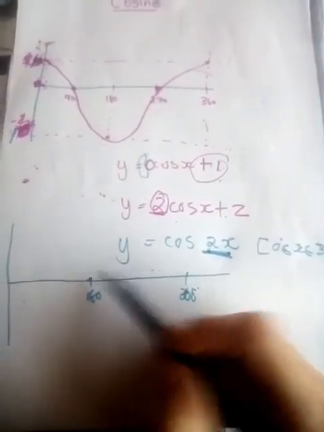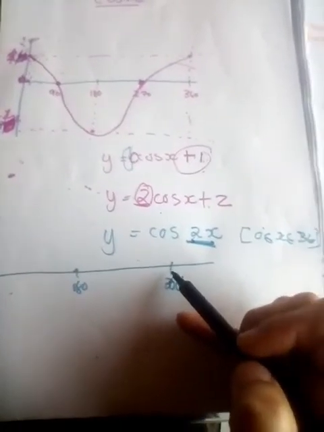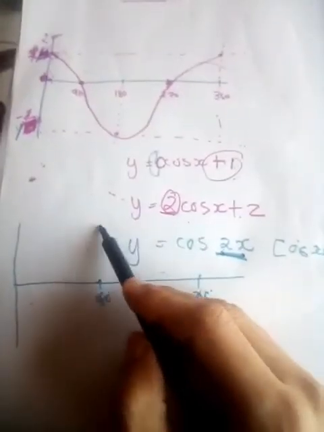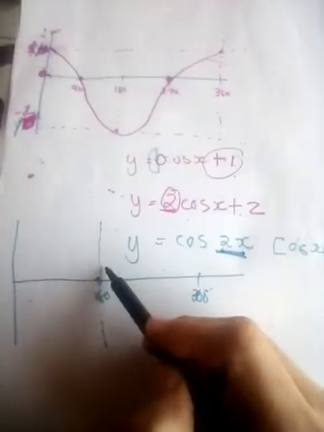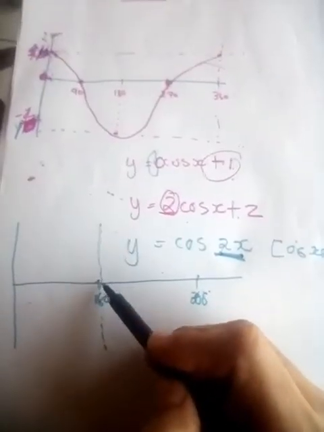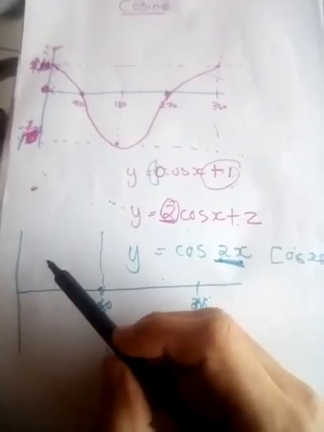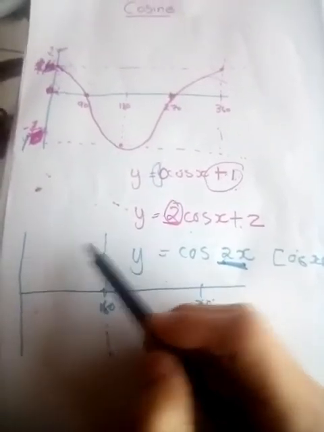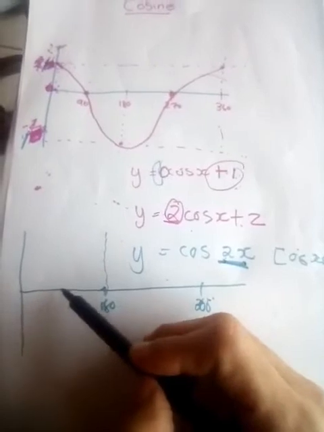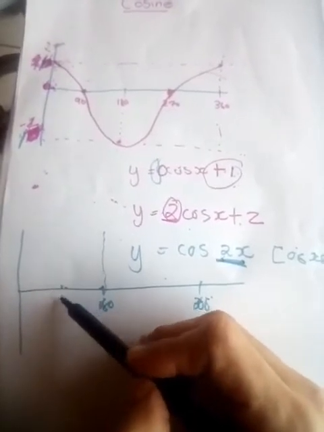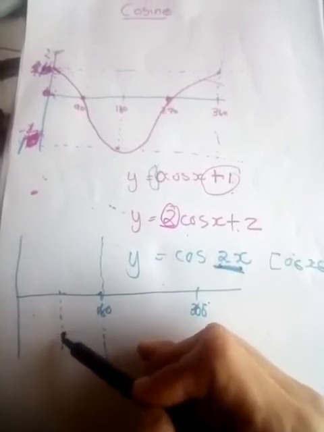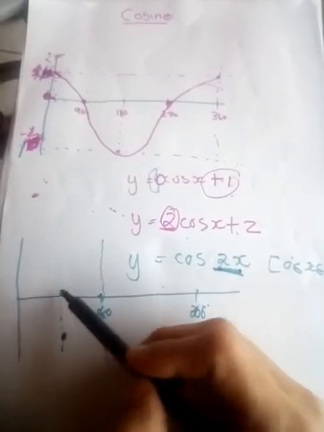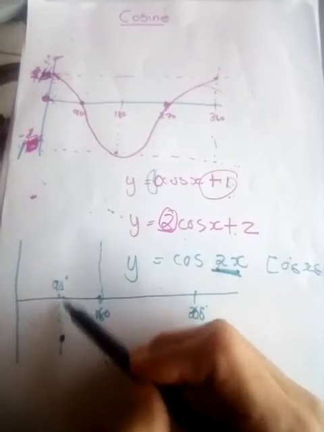Each one, if you take your period of 360 divided by 2, each one will be 180 degrees. This period will be 180 for each one. Half of 180 is 90, so my turning point here would be there. This is 90.